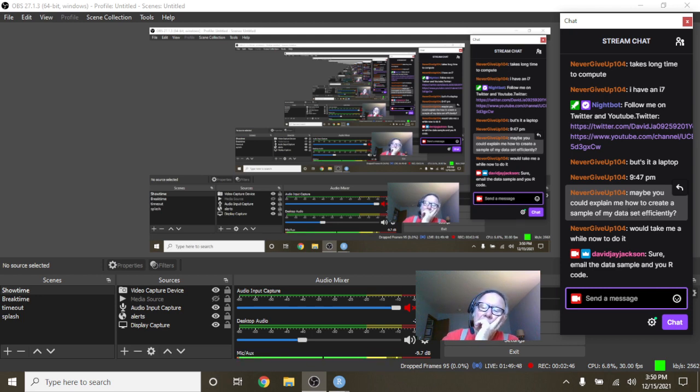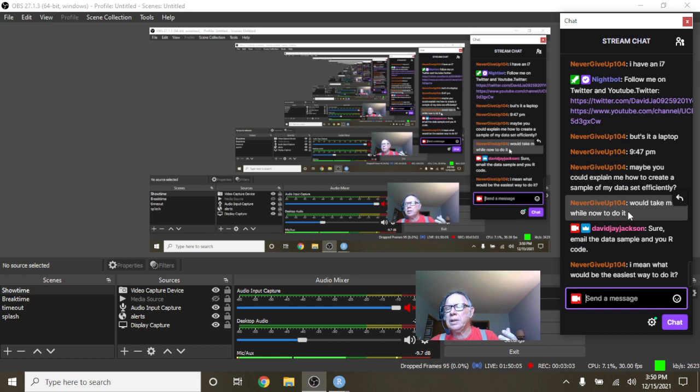A sample of my data set efficiently. Yeah, if you want to create a random sample, in other words, you want to split. The reason I know is because I was just reading this in a book called Tidy Models.